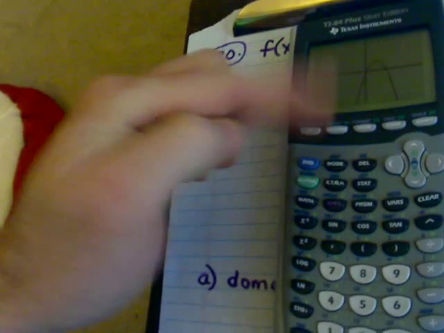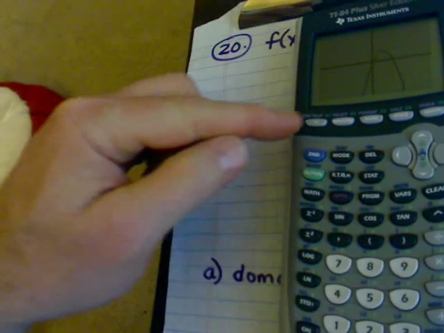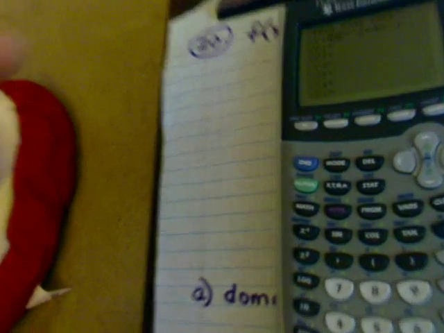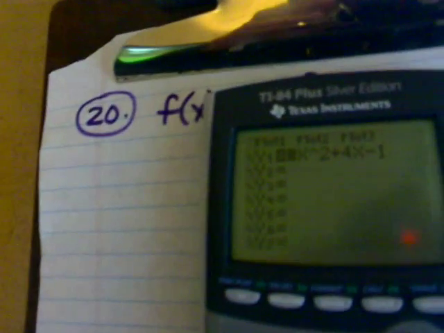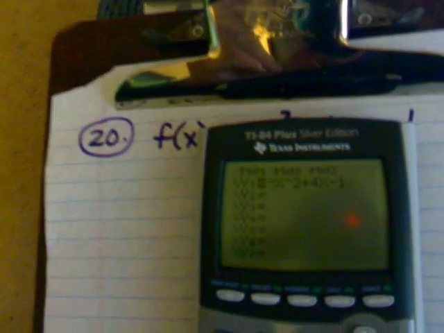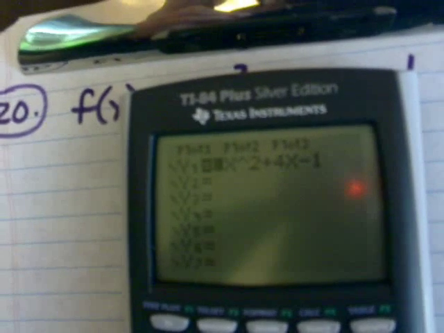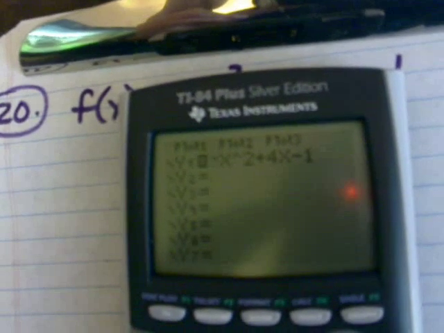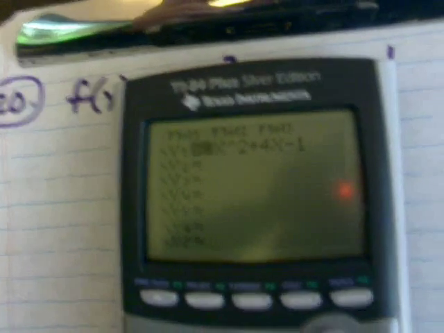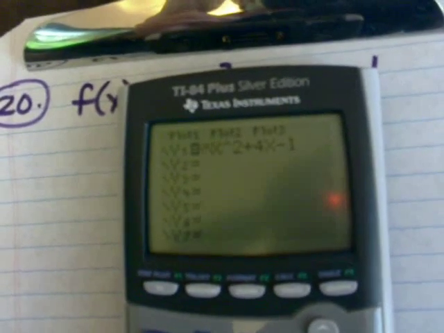Now, I already have the graph in there, but basically the way I entered it, Y is equal to the opposite of x caret 2, which is to the second power, plus 4x minus 1.